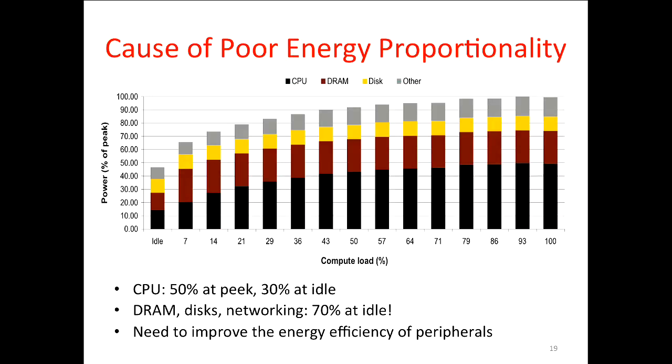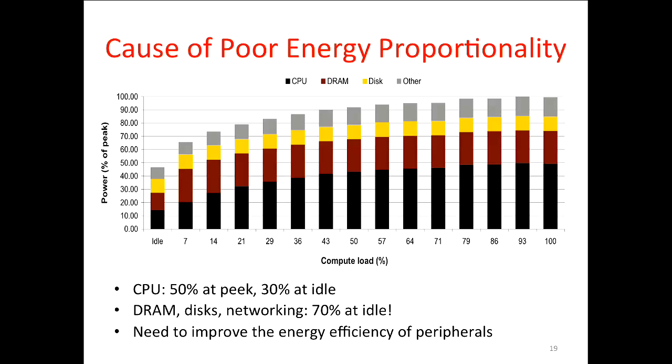This shows the power breakdown according to CPU utilization. If it's 100%, the CPU consumes 50% of the total power. And if it's idle, the CPU consumes 30% of the entire power.